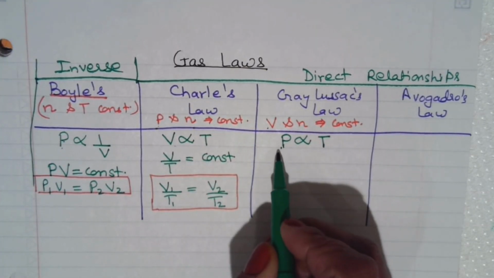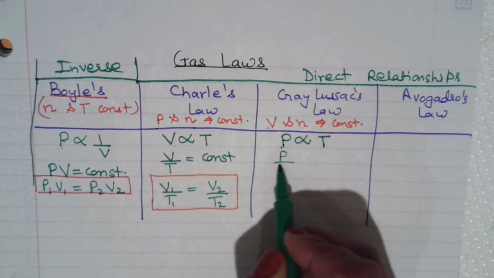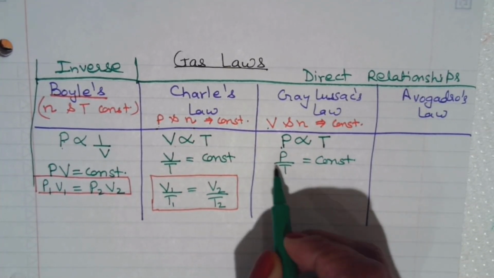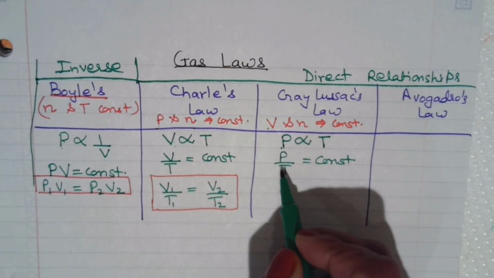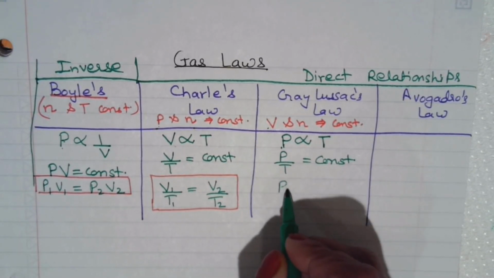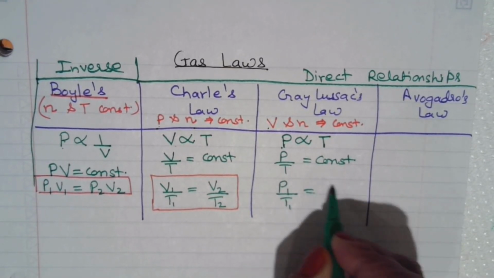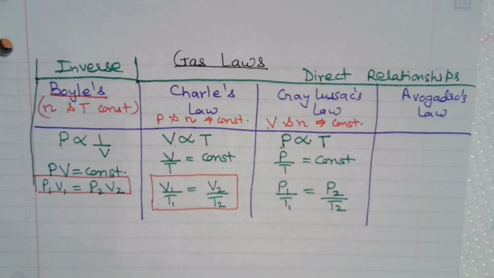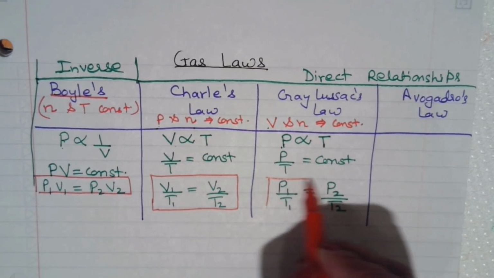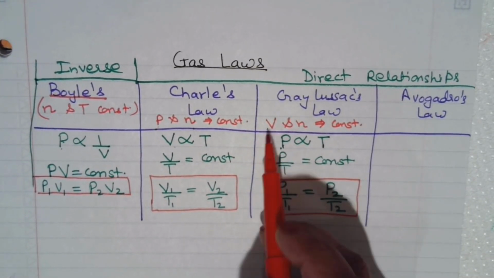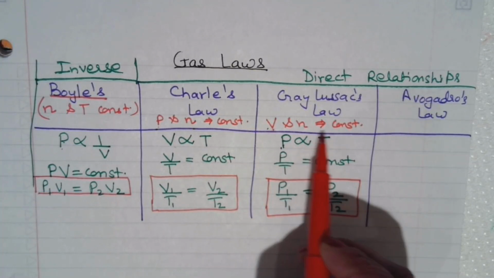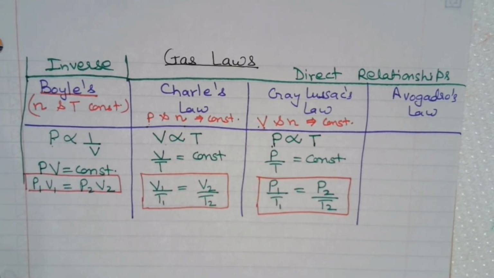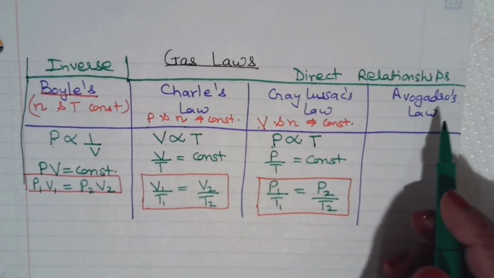Okay, so this means P over T is always constant. Since this is constant, I can write P1 over T1 equals P2 over T2, right? So this is Gay-Lussac's law, and this holds good only if you keep the volume and number of moles of the gas constant.